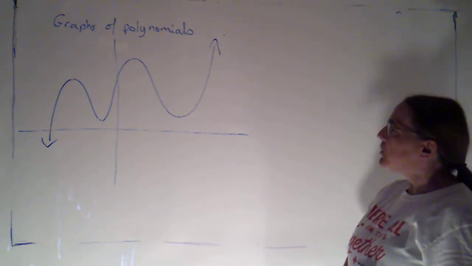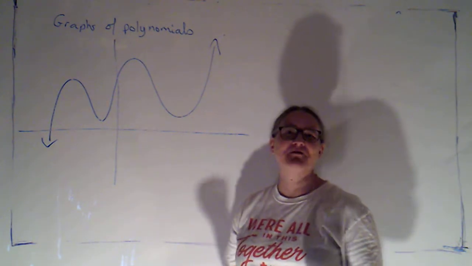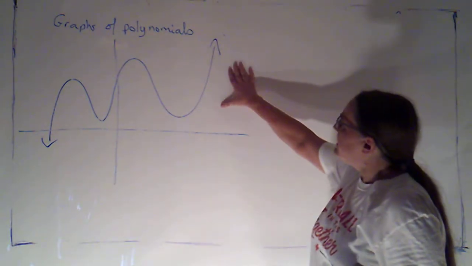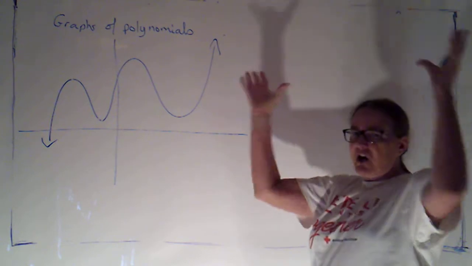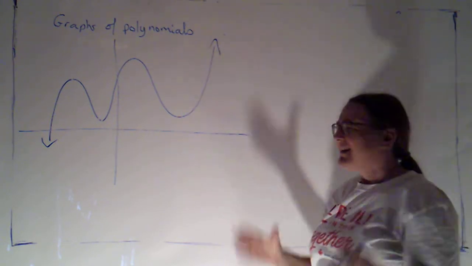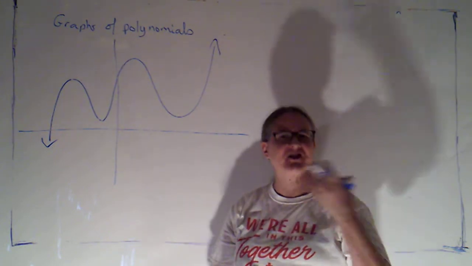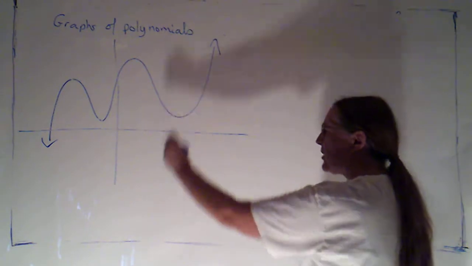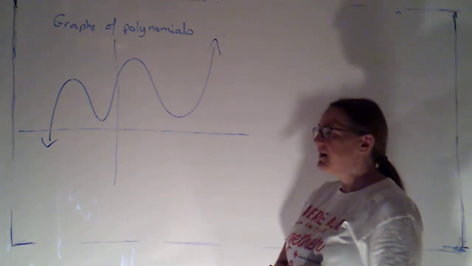Now, there's a rule for how many turning points a polynomial function can have. And if we think about it, the higher the degree is, the more complicated things are going to be. Seems to me like x to the 5th power is a lot more complicated than just x squared. So the bigger the degree, the more turning points I might expect to have, because that's the more complicated formula.